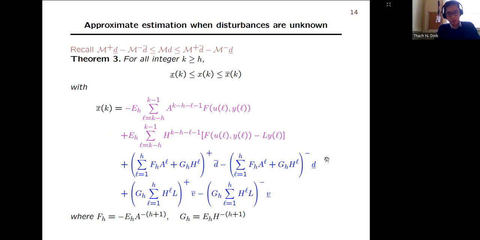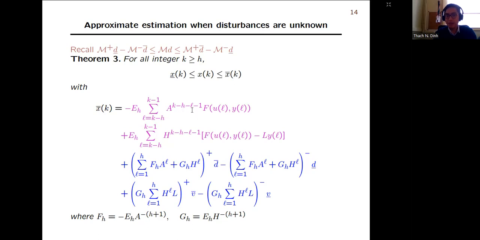Once we have designed the exact estimate, what we need to do is to design an upper bound and a lower bound for the real state of the system in case the system is affected by disturbance and measurement noise. The idea is very simple. We will first design an exact estimate for the considered system without disturbances and noise.